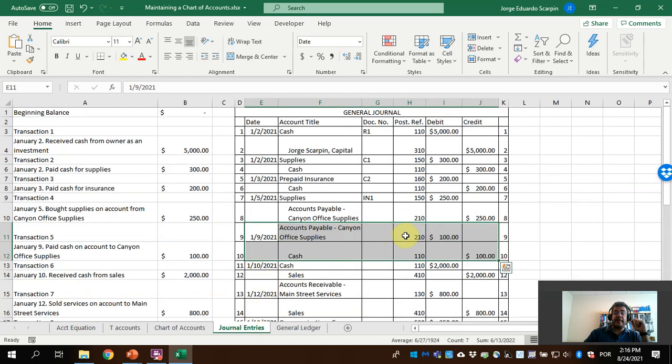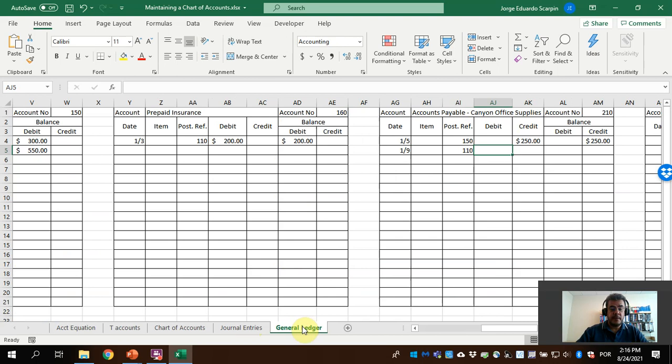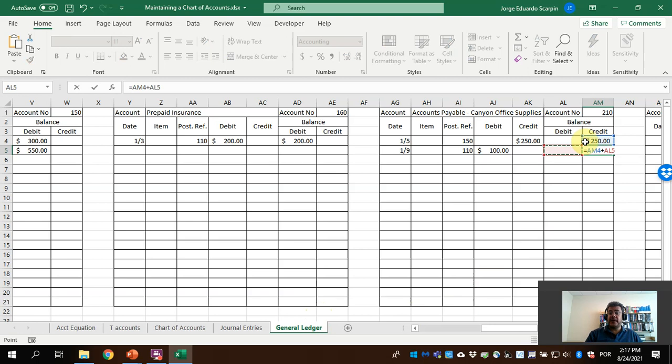Now it is the debit 100. And here, guys, the formula is the opposite because we are talking about a liability account. And the normal balance of a liability is a credit. So previous balance plus credit less debit, 150.